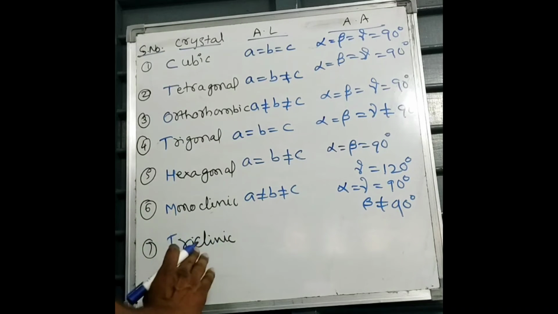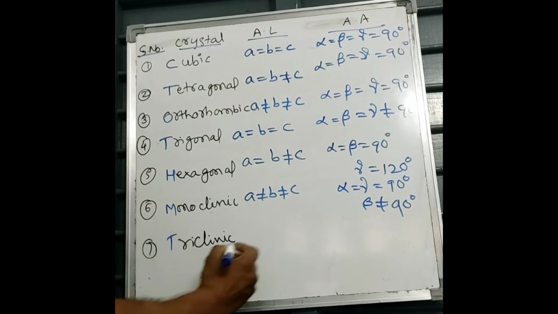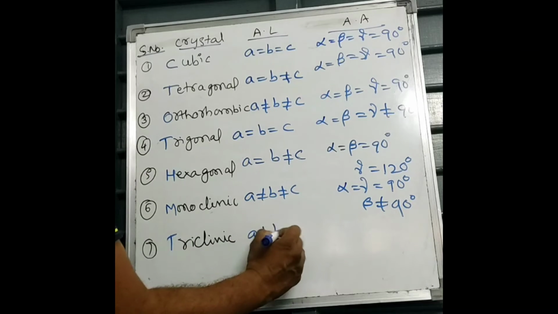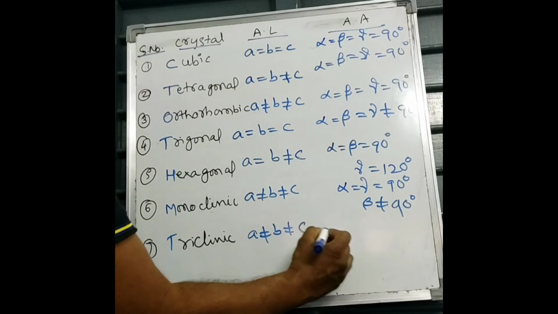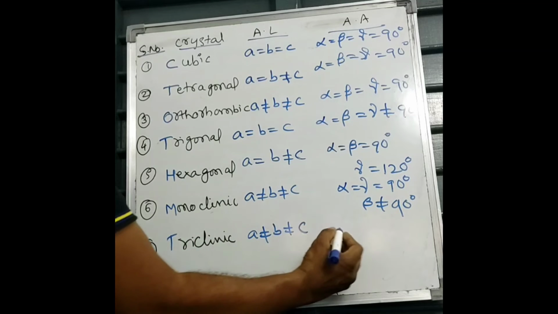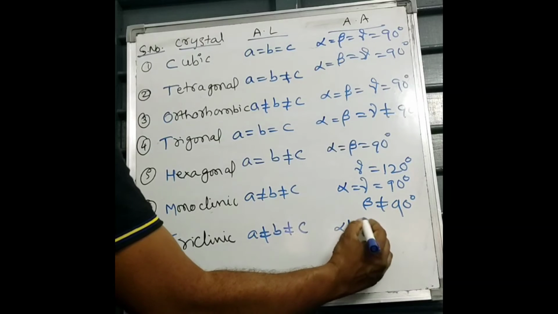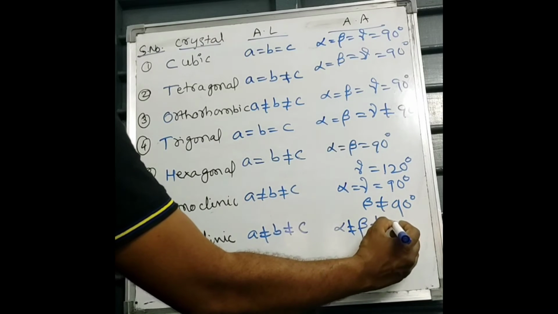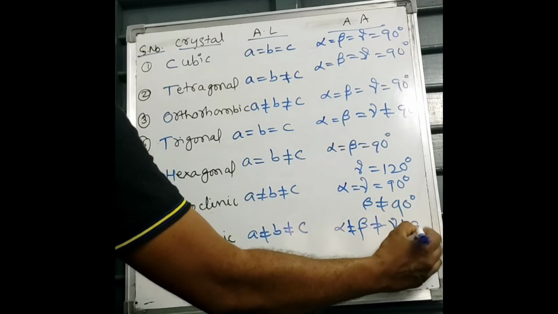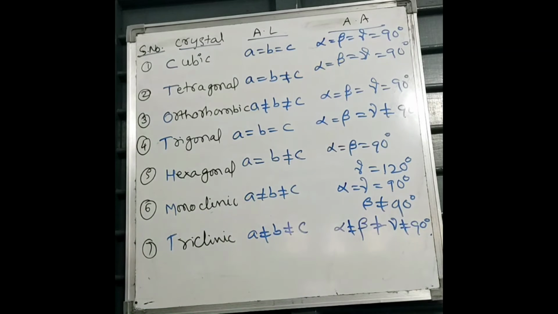For triclinic, it is purely unsymmetric. Unsymmetric means all are not equal. Axial lengths are not equal to each other, and axial angles are also not equal to each other, and not equal to 90 degrees. So this is the trick. So here the trick is how easily we remember.